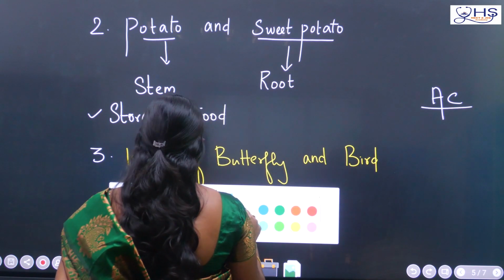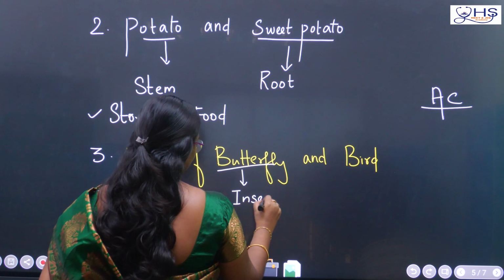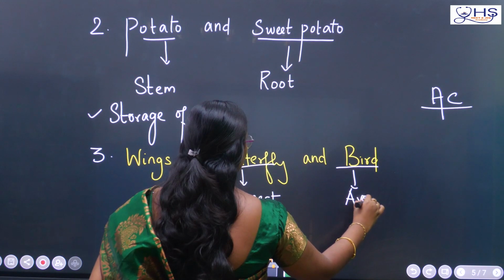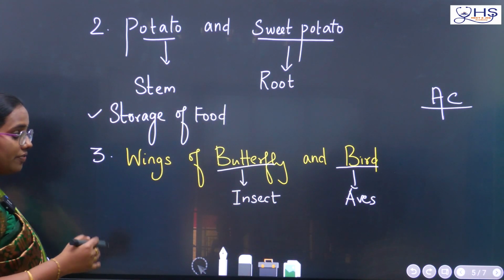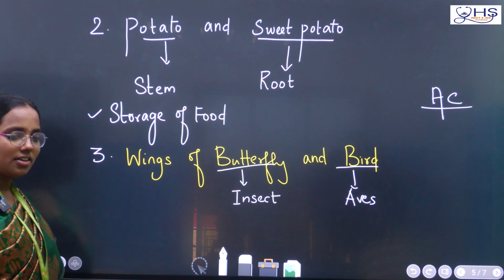Now, butterfly is an insect. Birds are aves. So they both are different. Their anatomy is going to be different, but they both use their wings for flying. The function is same, but their anatomy is different.